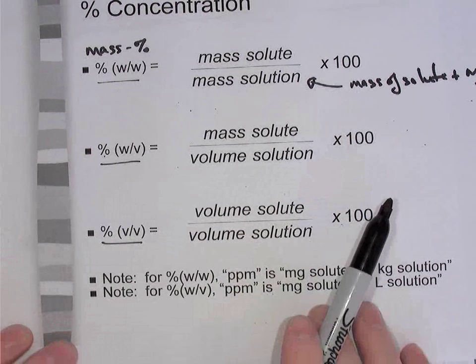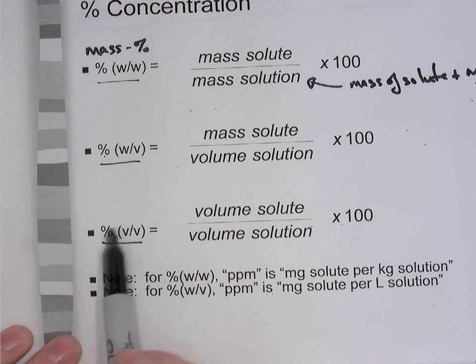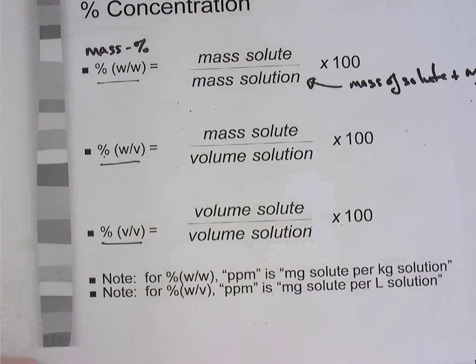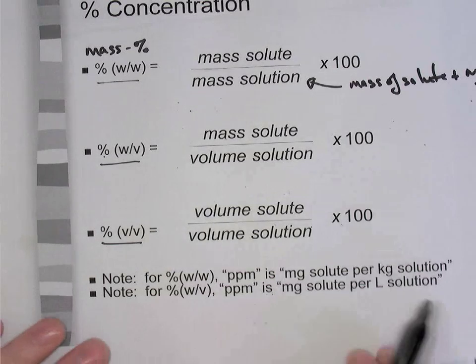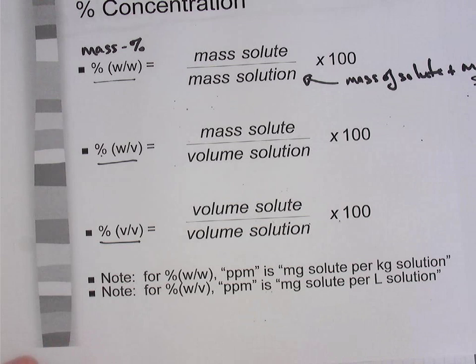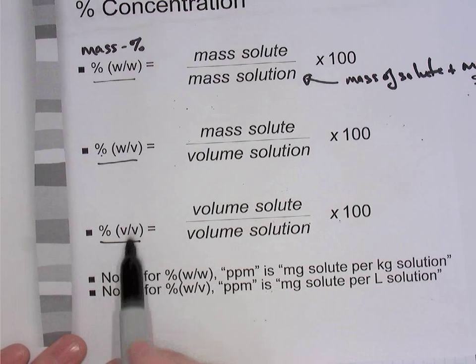They're not equivalent. The third way to calculate percent concentration is used when there's a liquid as your solute and another liquid as your solvent. So for example, if you were dissolving alcohol in water, it might be more convenient to measure the volume of the solute because it's a liquid as opposed to its mass, although you certainly could measure the mass if you were careful on a balance, but you might prefer to express percent as the percent volume by volume.